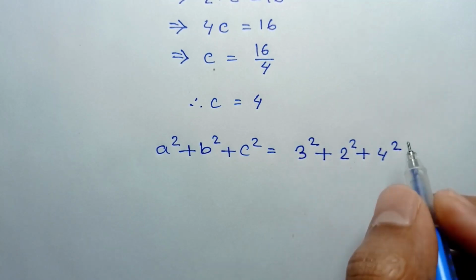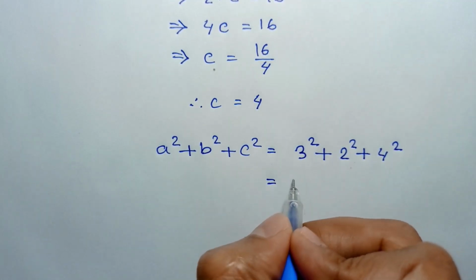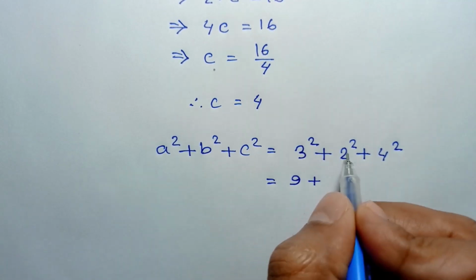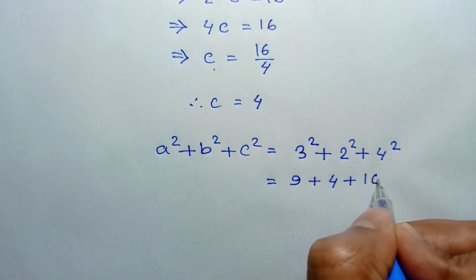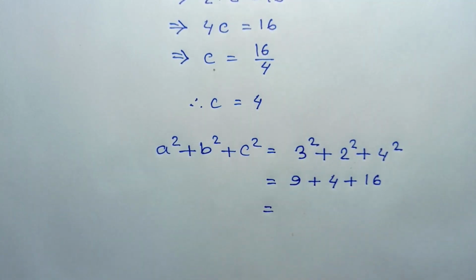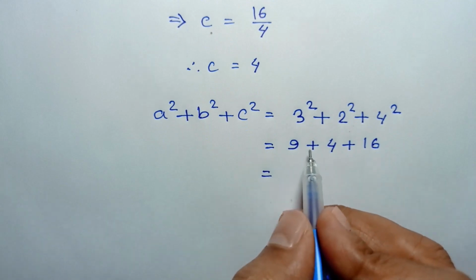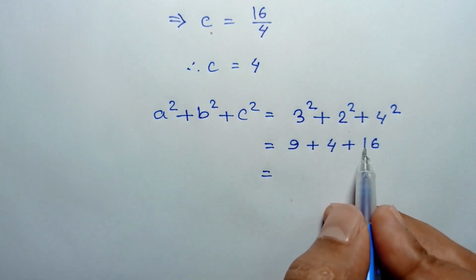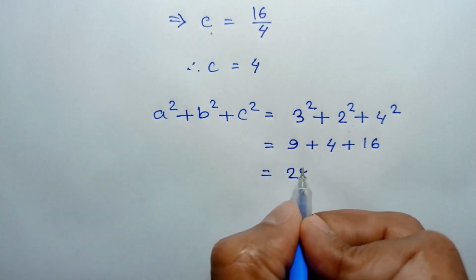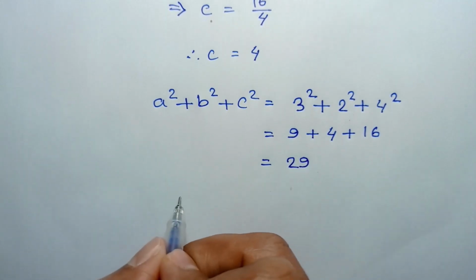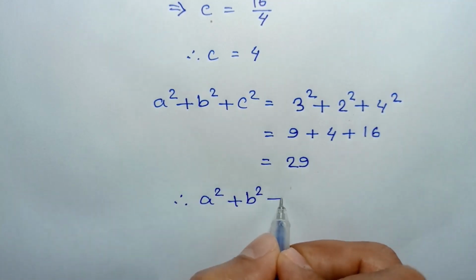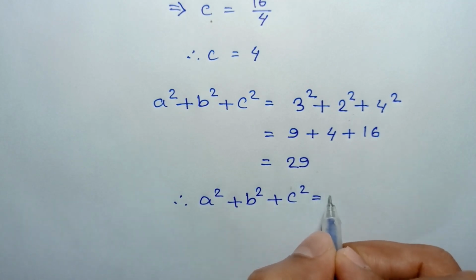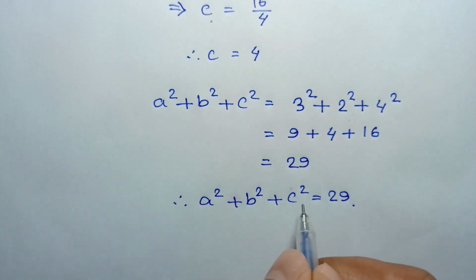So 4 square is equal to 3 square is 9 plus 2 square is 4 plus 4 square is 16 is equal to 9 plus 4 is 13 plus 16 is 29. So the value of a square plus b square plus c square is 29. So this is the solution of this problem.